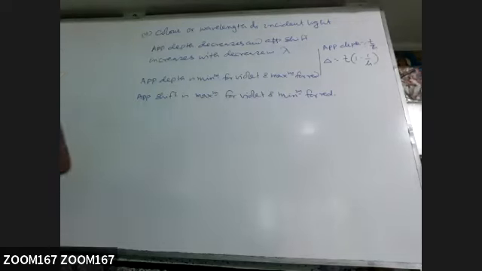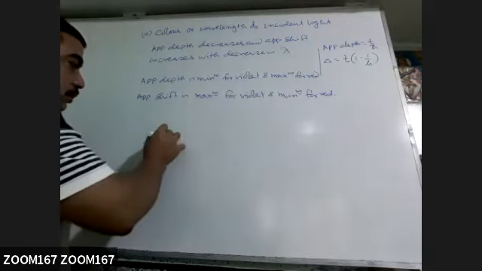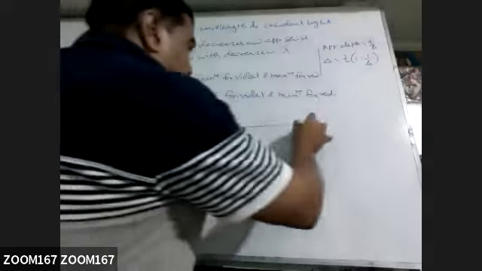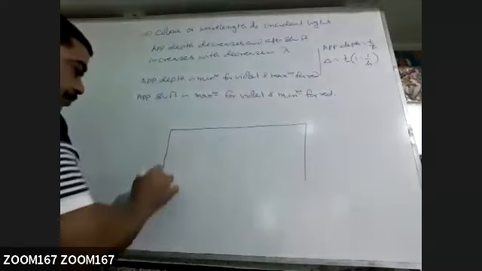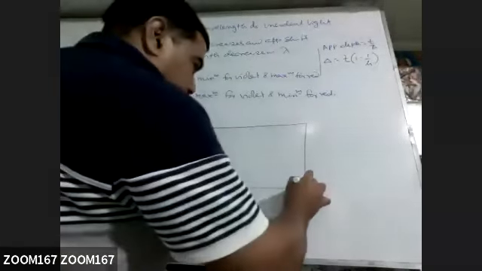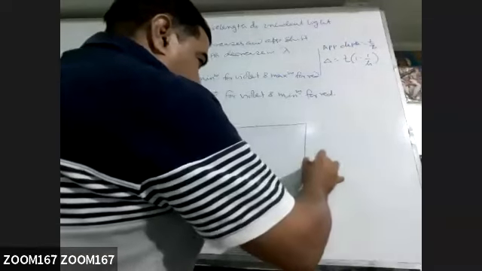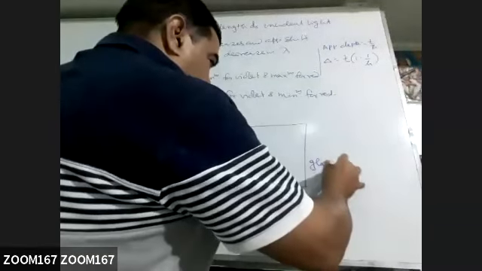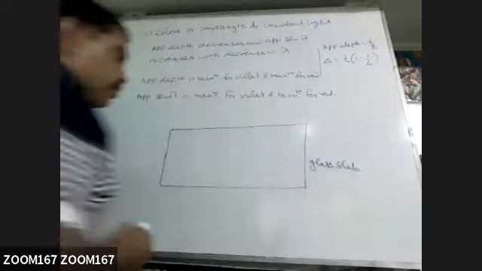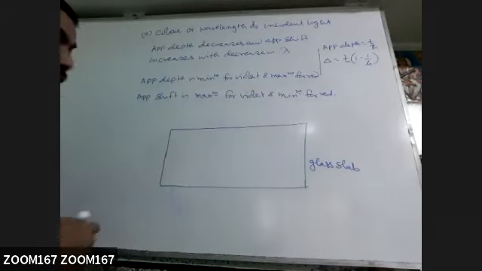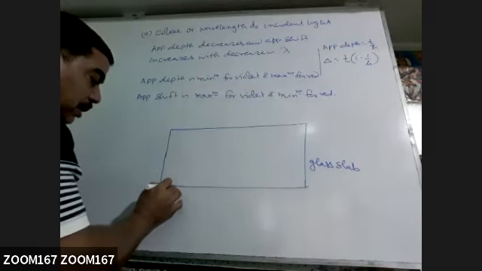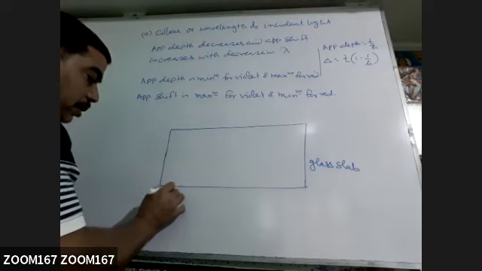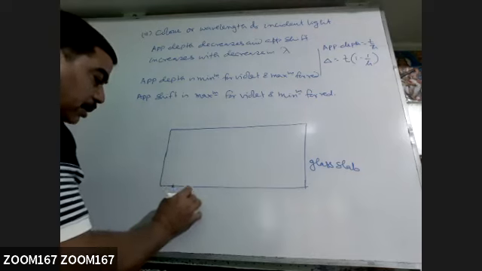Now, sometimes it is asked: this is a glass slab. At the bottom of the glass slab, dots are present of different colors.